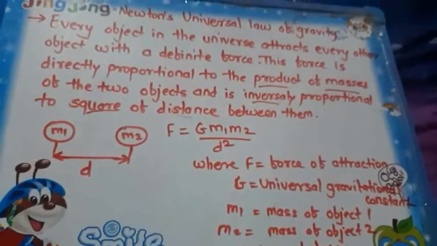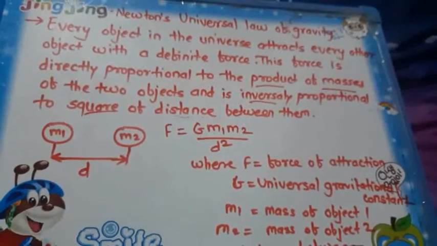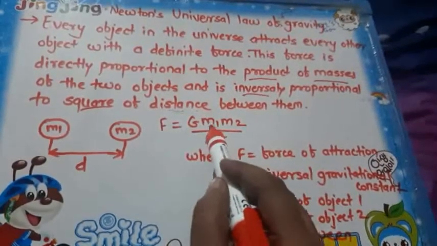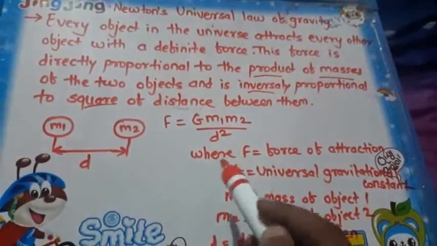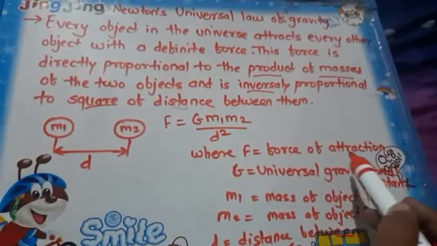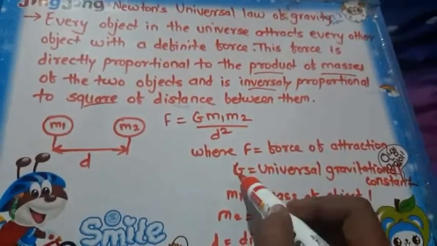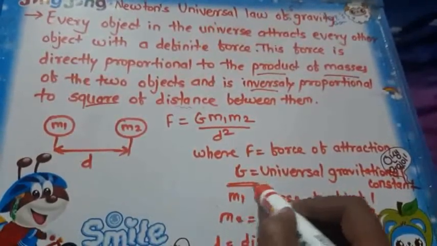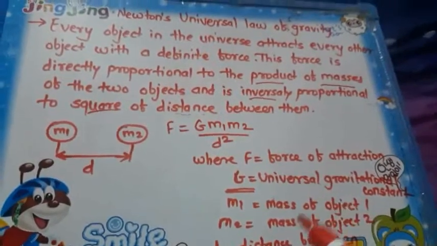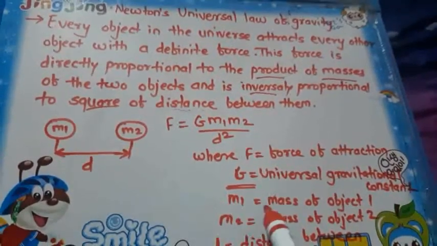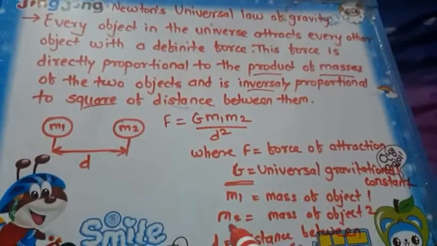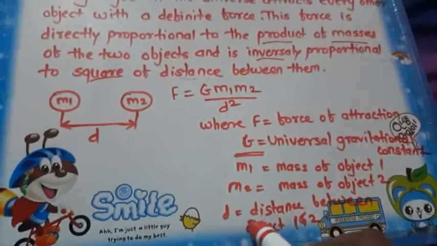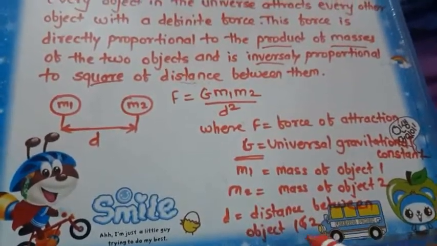So in this way, Newton's universal law of gravitation is written mathematically as F equals G m1 m2 divided by d square, where F is the force of attraction between two objects, capital G is the universal gravitational constant, and the value of G always remains constant. Small m1 is the mass of object 1 and small m2 is the mass of object 2, and d is the distance between object 1 and 2.